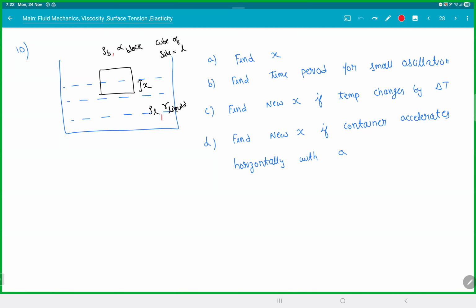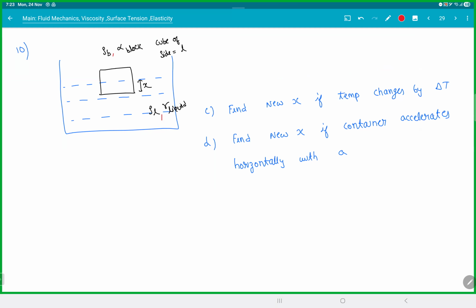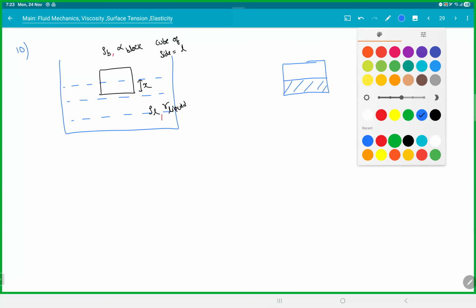That was easy. Find x, draw the free body diagram. So this part is immersed in the liquid.